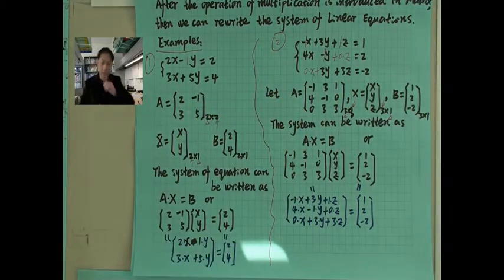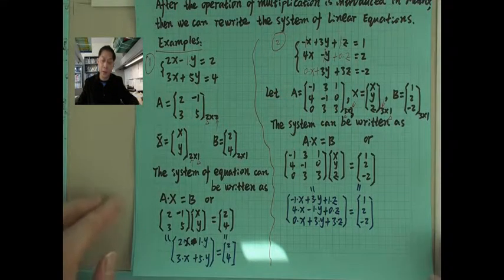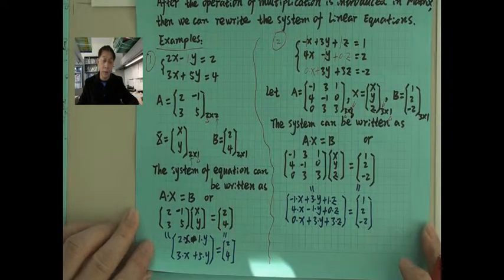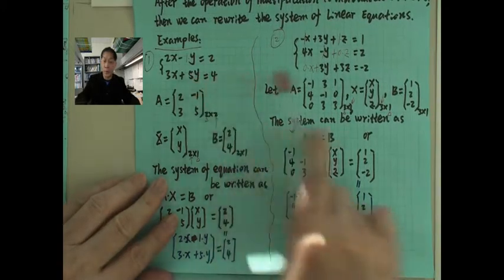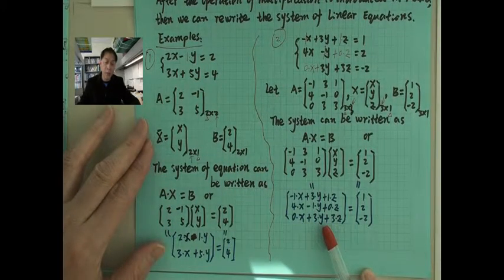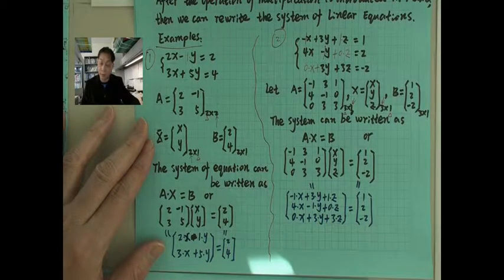Okay? So after we introduced multiplication, the system of equations can be written in this way. Remember how to do the multiplication of two matrices: row times column, add together.